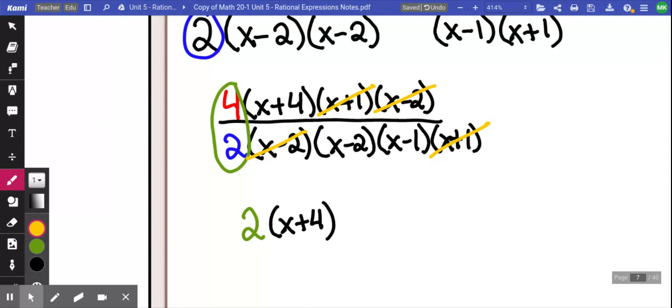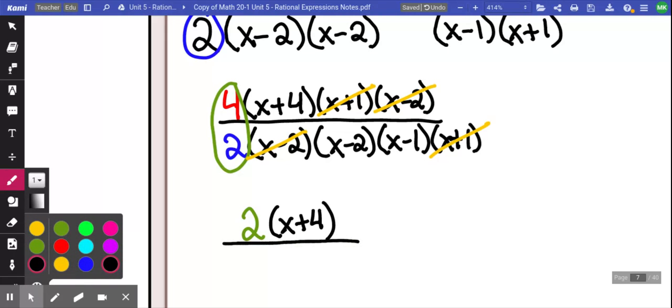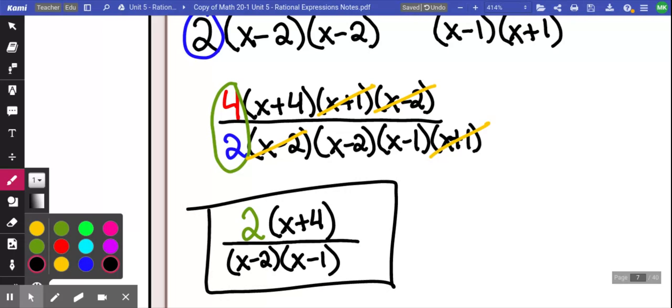All I got left is an x minus 2 and an x minus 1. That is now fully simplified. I know it's fully simplified because it's one fraction, I can't factor it, and there aren't any factors that cancel out. So I know I'm done.